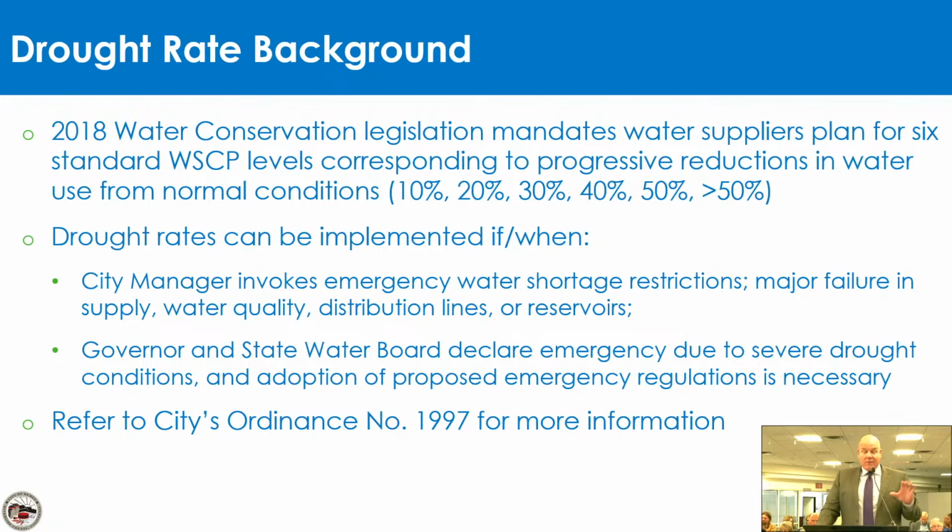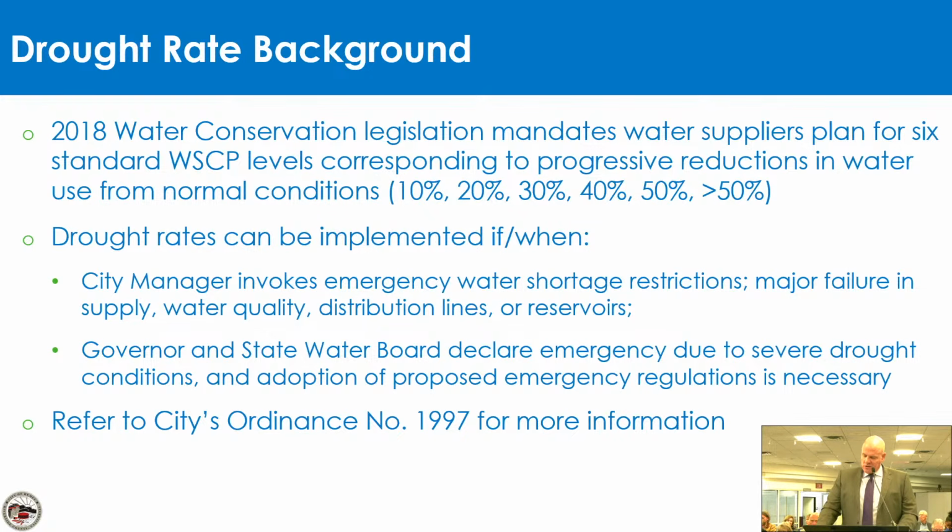Drought rates can be implemented by the city manager under water shortage problems due to system problems, water shortages, system failures, things like that. Or the governor or the state water board can declare a drought, based on severe drought conditions throughout the state.